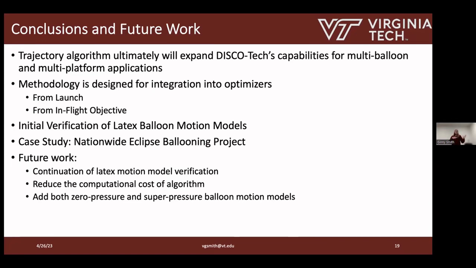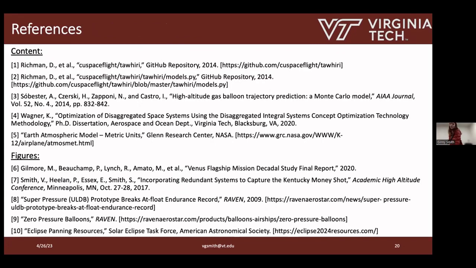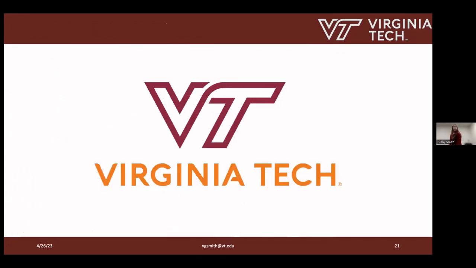The idea and the general stage methodology will remain the same. What will be changed are those equations that get you your change in latitude, change in longitude, change in altitude for those balloons. So the framework is here. It's just adding the other balloon vehicles to this too. So a lot of references. And that is my presentation.